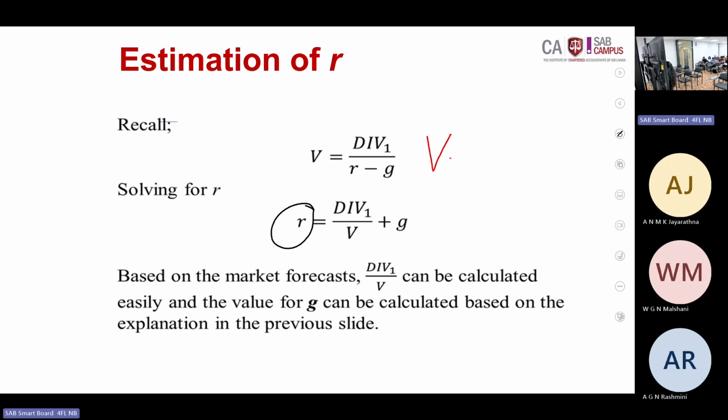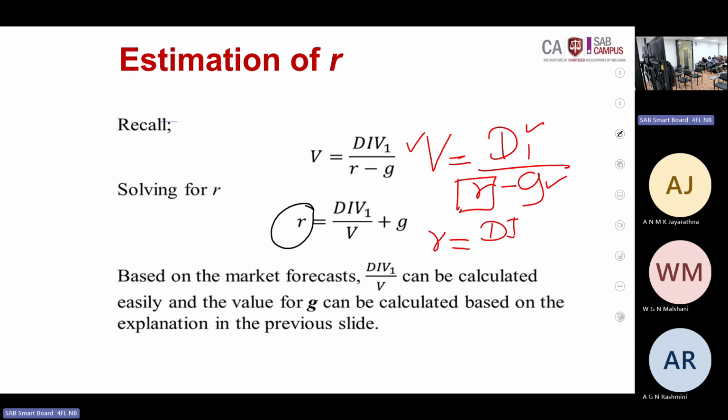So we know under the constant model value can be calculated with D1 divided by the difference between required rate of return and the growth rate. If I want to identify the required rate of return where the other information were provided, R equals D1 divided by value plus growth rate, right?